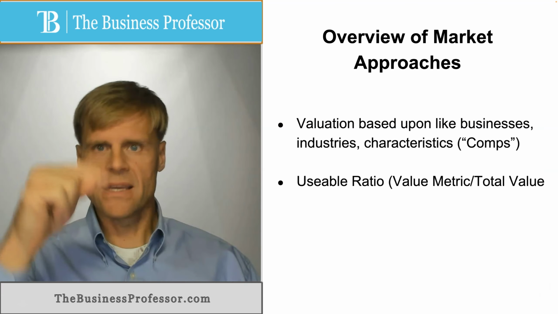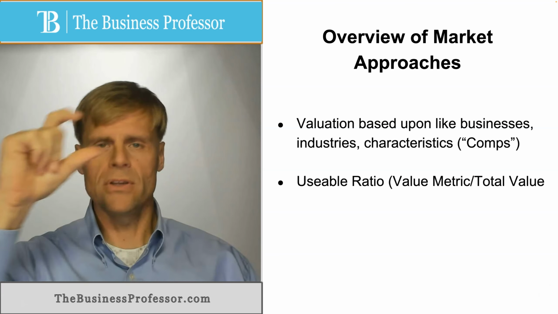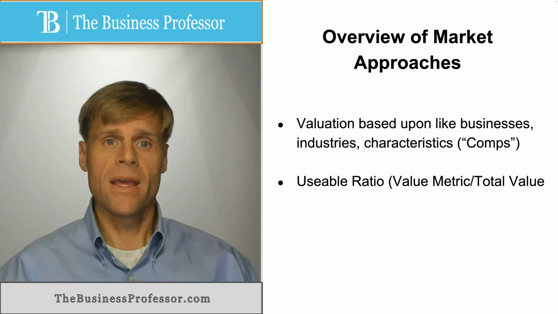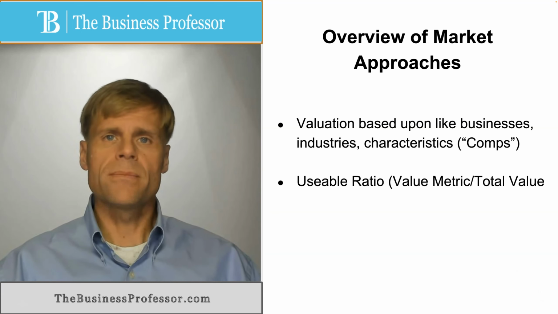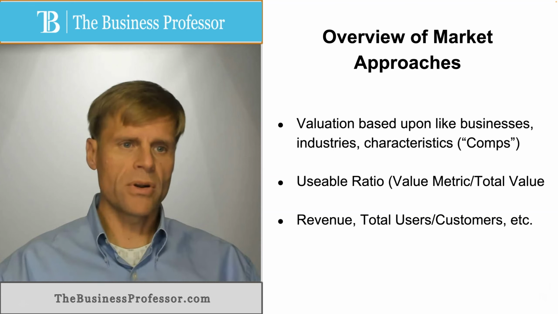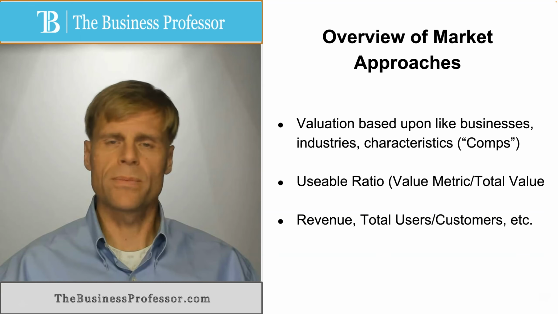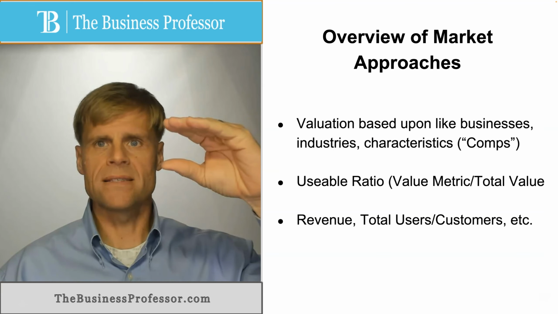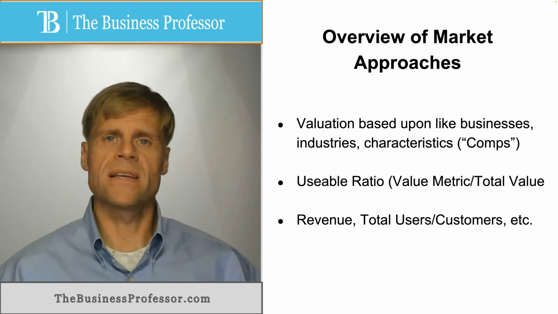That's the metric. It gives you a ratio, right? Revenue to total valuation. Or it could be another metric such as total number of users or number of customers acquired or possessed. And you would have that as the numerator and the total valuation as the denominator.